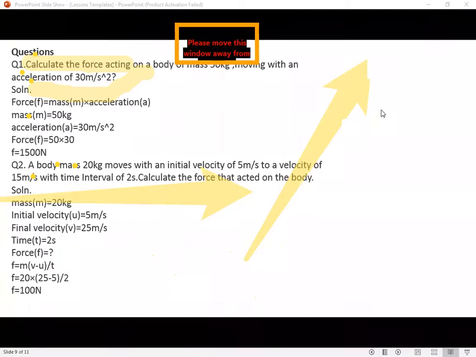Calculate the force acting on the body. It's not acted, calculate the force acting on the body.